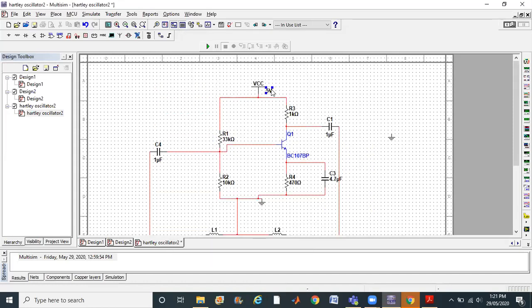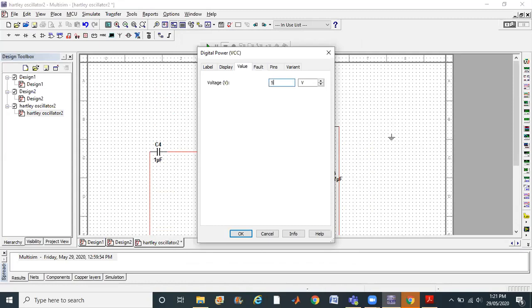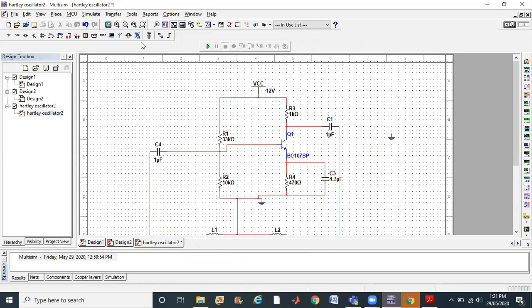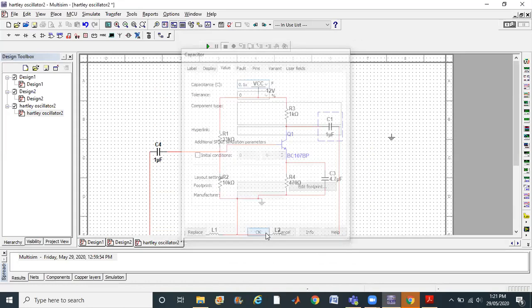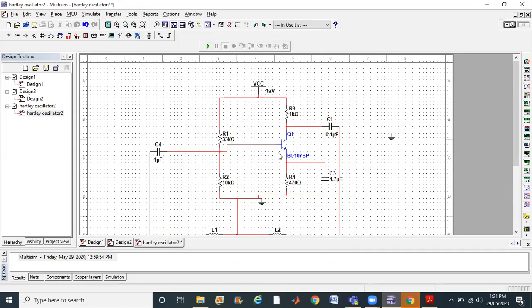This is a 12 volt DC supply, 12 volts, and next capacitor 0.1 microfarad, and this is going to be 1K. Yes, I'm almost done with the values.